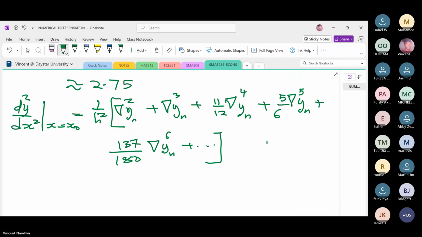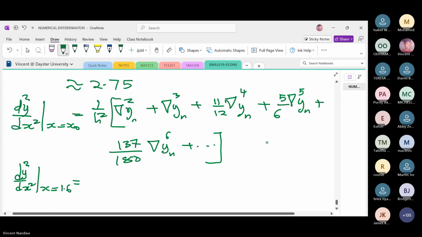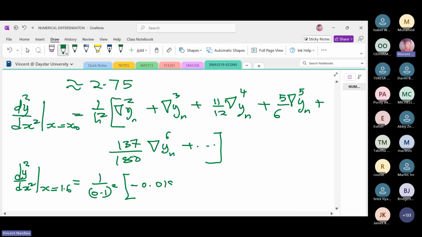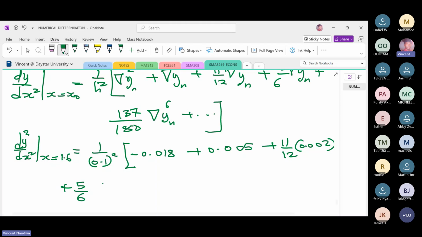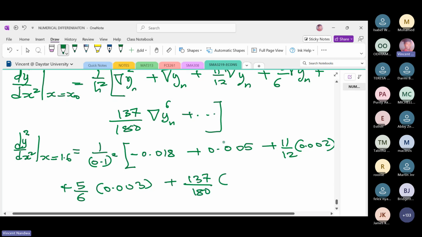So we'll have d squared y/dx squared at x equals 1.6 will be 1 over 0.1 squared into the second backward of yn from our difference table, negative 0.018, then plus 0.005, plus 11 over 12 into 0.002, then plus 5 over 6 into 0.003, plus 137 over 180 into 0.002.